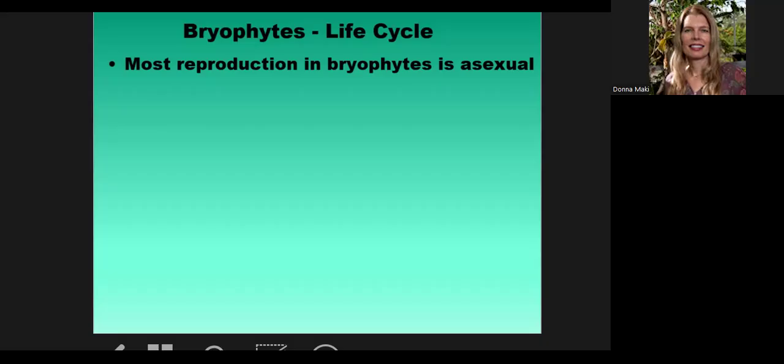They just can spread and clone themselves, so to speak. It's not that difficult. The gametophyte is the dominant phase. That's the phase they spend the longest time of their life in. It's the phase that we can easily see with the naked eye. When you're out hiking around, you'll see the gametophyte phase and sometimes the sporophyte phase.